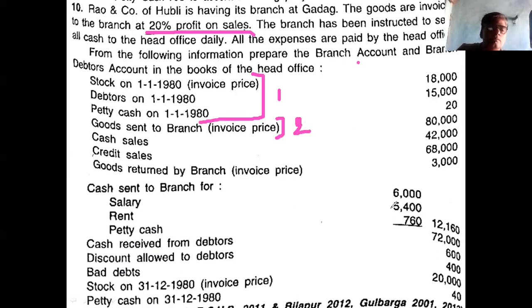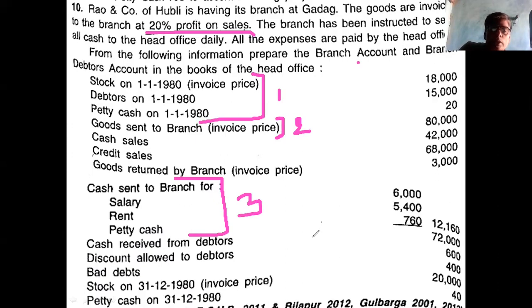Then the third item on the debit side of the branch account is cash sent to branch.